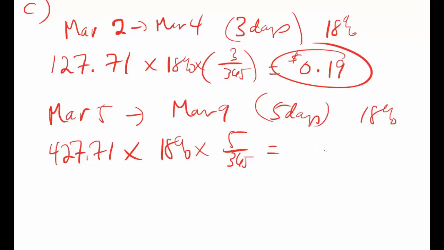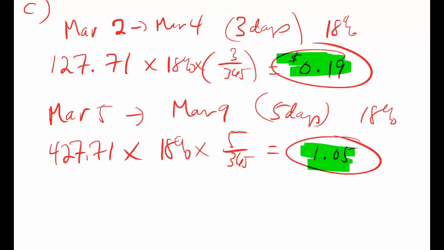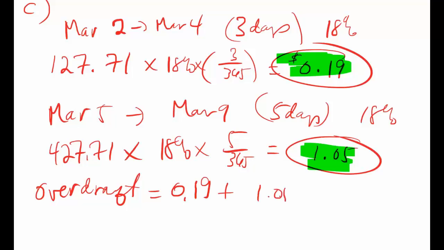So the amount of interest on that is $1.05. Overdraft interest is the 19 cents plus the $1.05, which gives you $1.24.